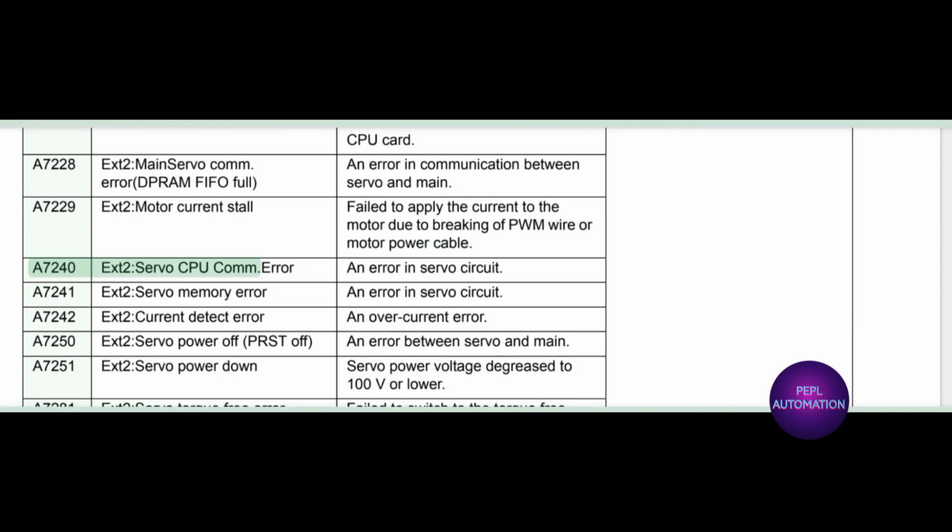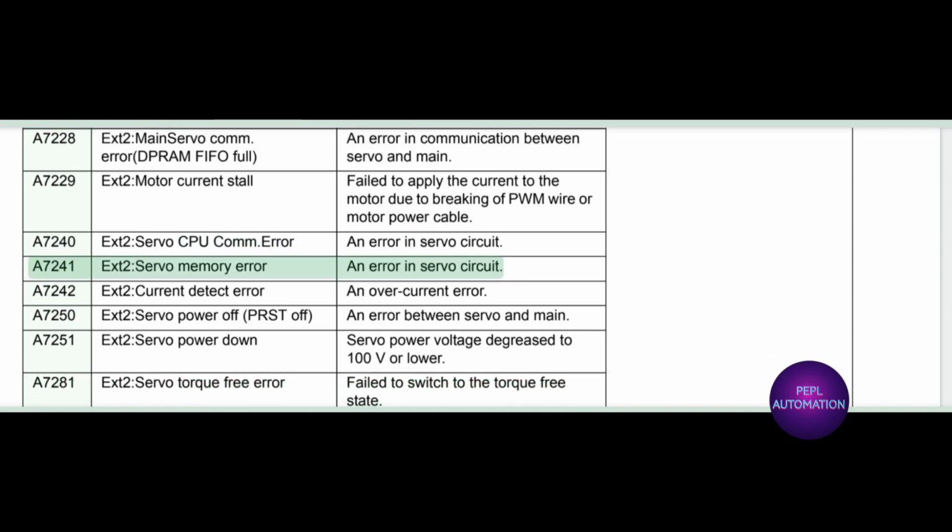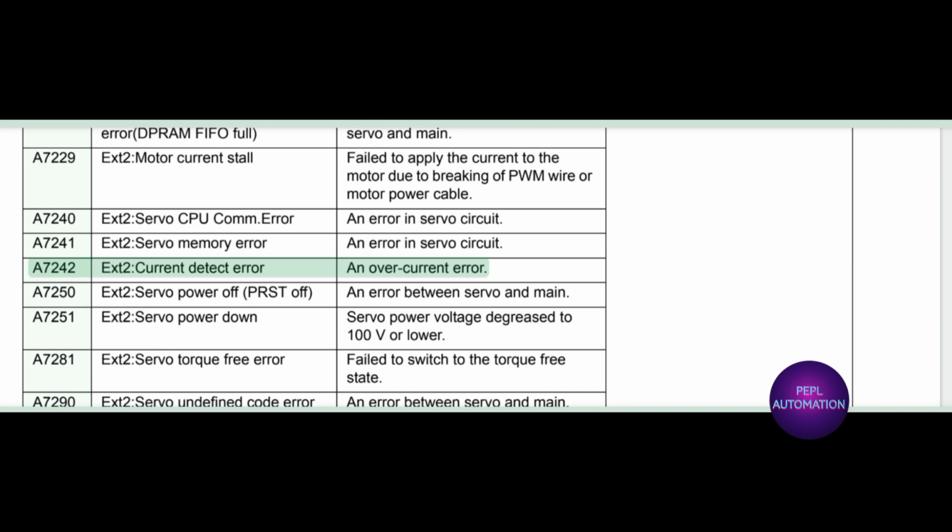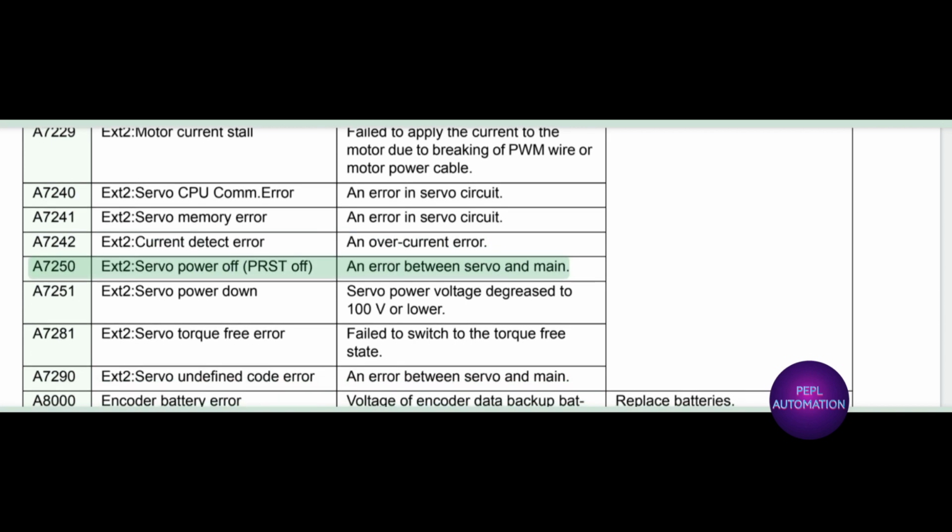A7240X2, servo CPU COM error. An error in servo circuit. A7241X2, servo memory error. An error in servo circuit. A7242X2, current detect error and overcurrent error. A7250X2, servo power off PRST off, an error between servo and main.